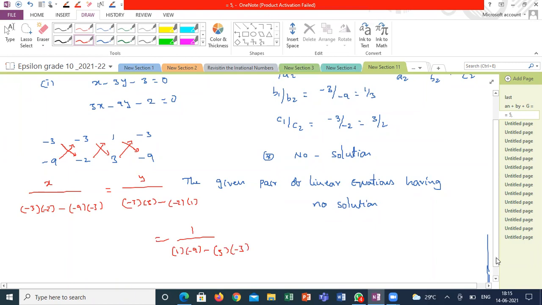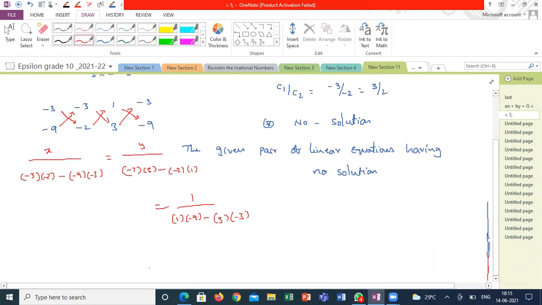So what kind of denominators are you getting under x, y and 1? X divided by how much? 6 minus 27, correct? Y divided by minus 9 plus 2. 1 divided by minus 9 plus 9.